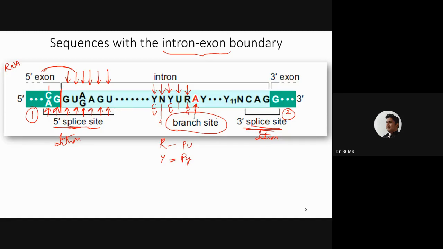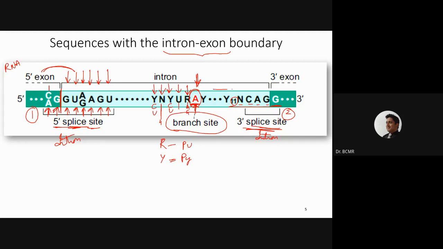But one point: in this location, within this sequence, you have adenine in almost all the cases. In these types of introns, you would have A, that is conserved. And also you have several others on the 3' side: Y11, N, C, A, G, and G. What would Y11 be?